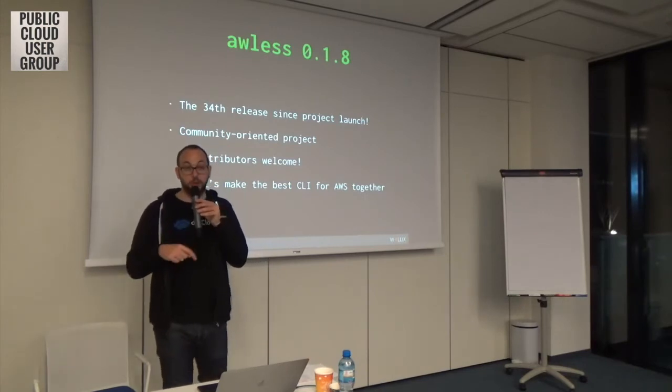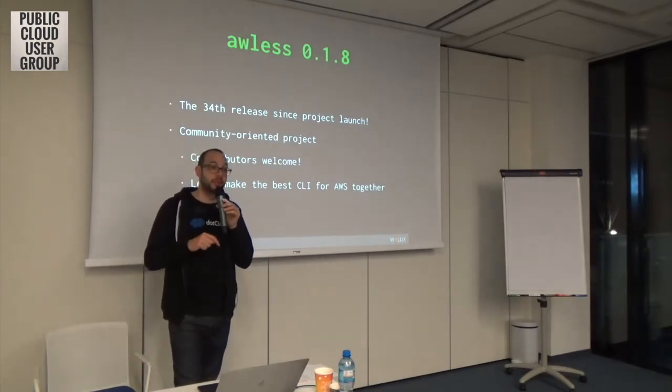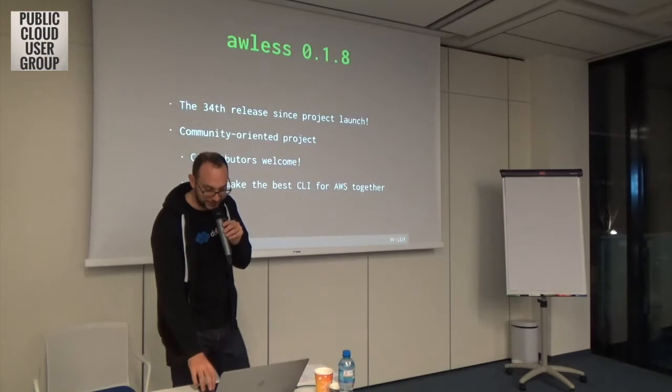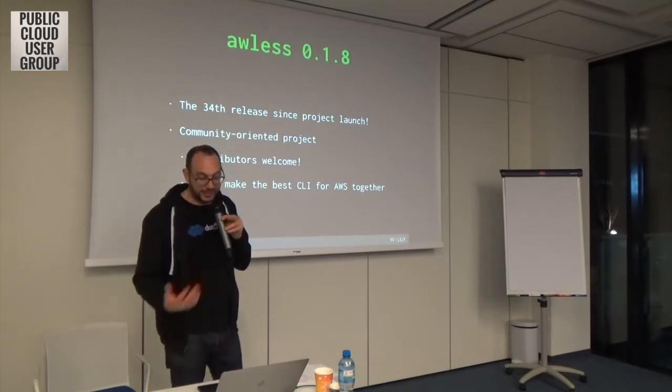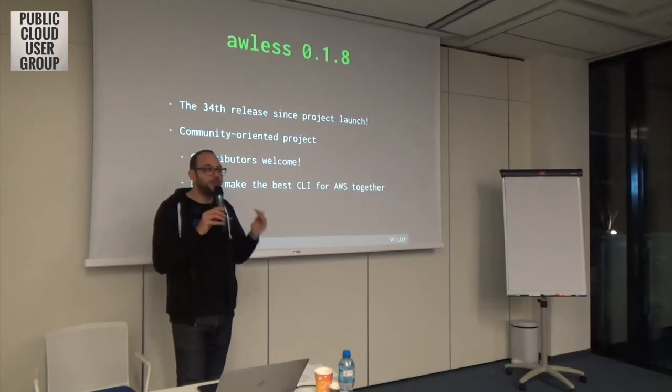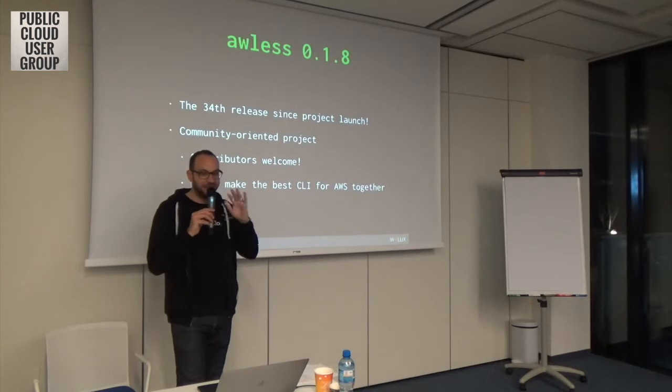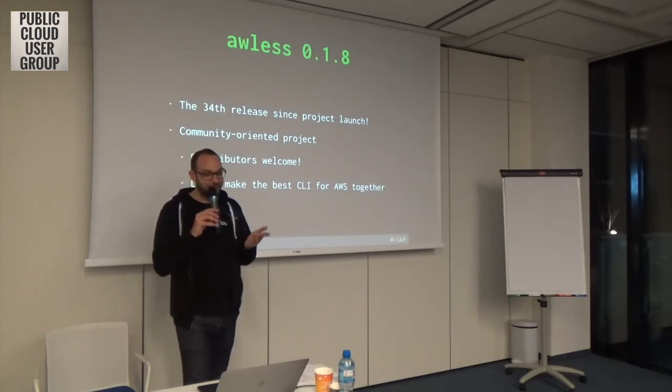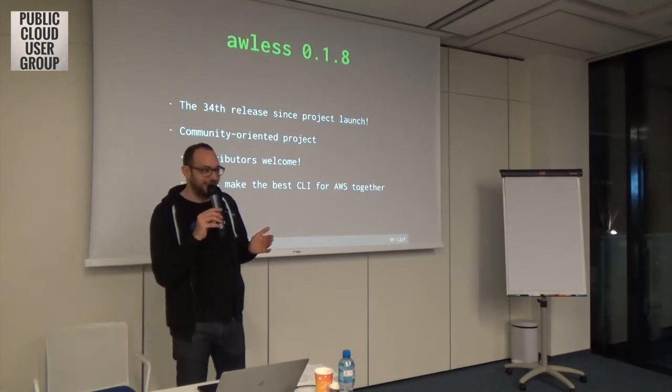This is a project that we open sourced only in February this year, so that's pretty recent. And as I said earlier, it's a fully community-oriented project, so we are really looking for contributors. In my team, there are 2 developers who are working almost half-time on that.